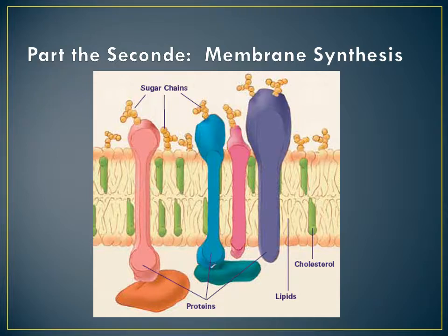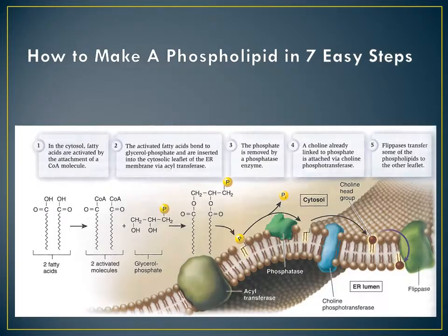Next part of today's lecture, how to build the membrane: synthesis. So we need to build a phospholipid, and you have to build a phospholipid in 7 steps. First off, where do you build a phospholipid?